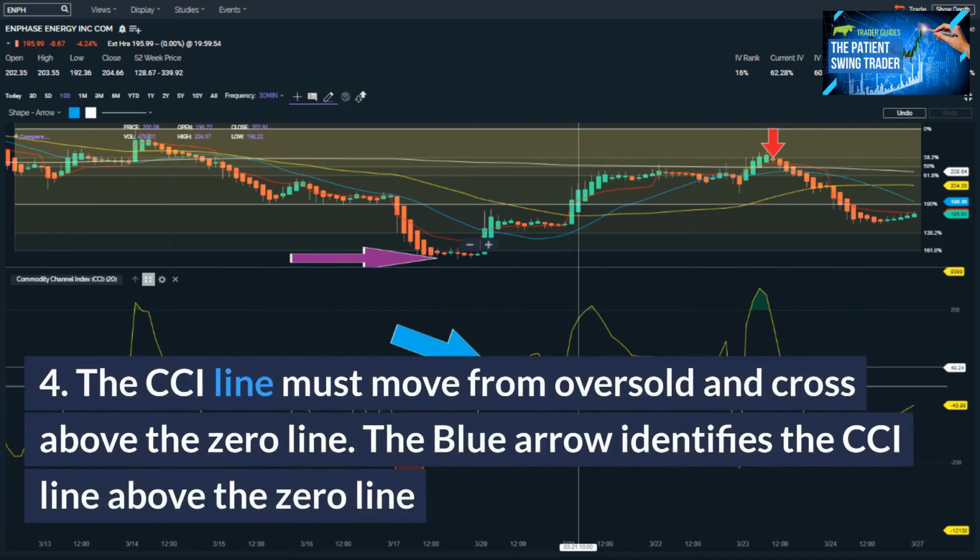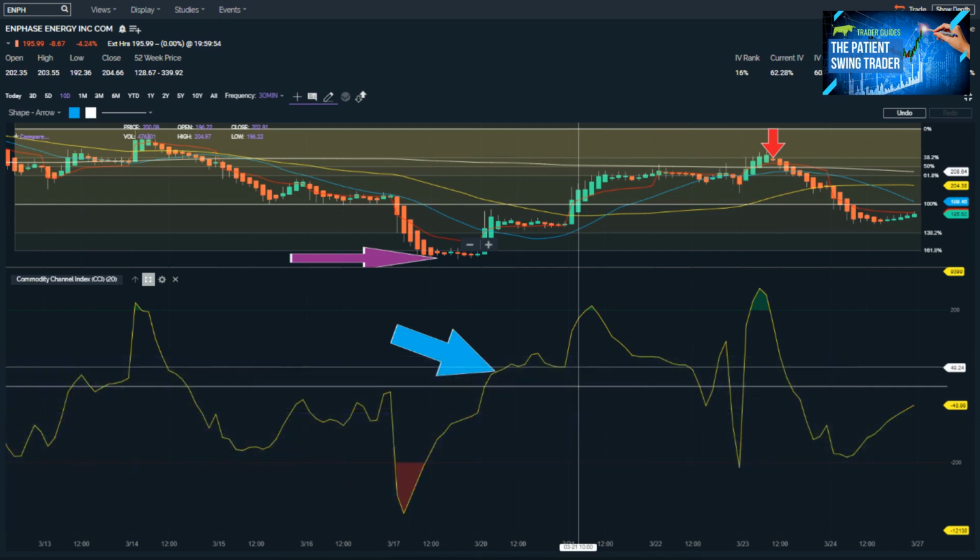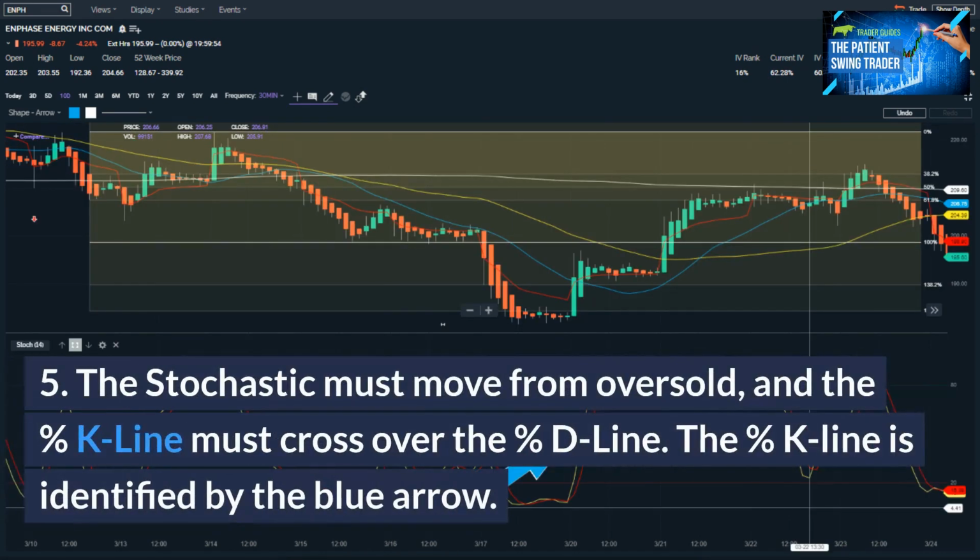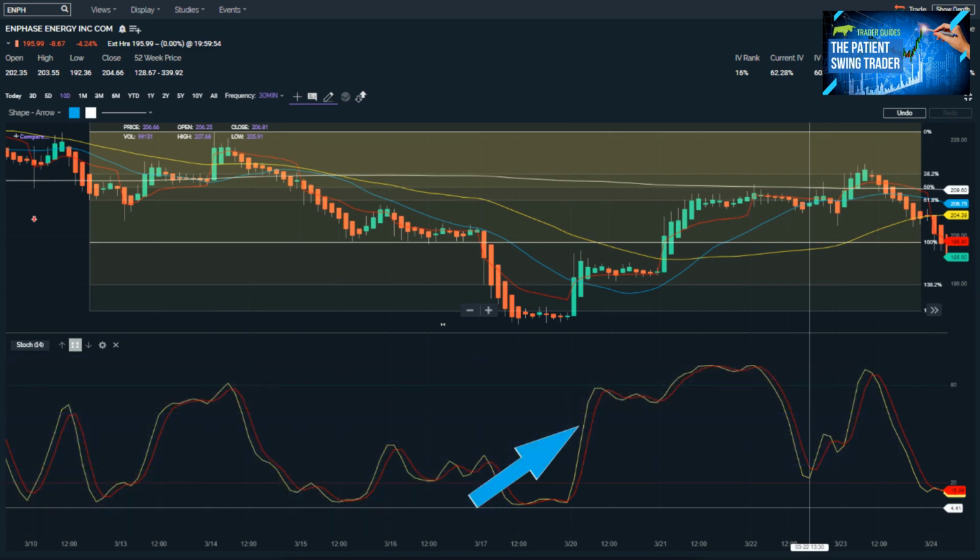4. The CCI line must move from oversold and cross above the zero line. The blue arrow identifies the CCI line above the zero line. 5. The stochastic must move from oversold, and the %K line must cross over the %D line. The %K line is identified by the blue arrow. 6.